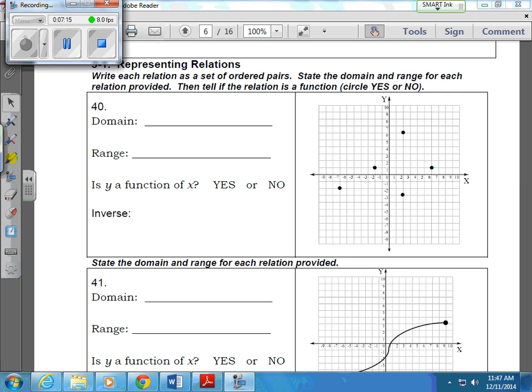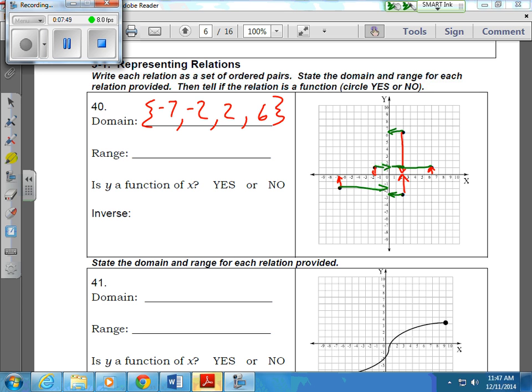When we're doing the domain, we're looking at the set of all x values. We have a scatter plot, so our x values are going to be the numbers under or above the points we have. So we have a -7, we have a -2, we have a +2, and we have a 6. The range is going to be the set of y values that we use. So the numbers to the left and right of the points.